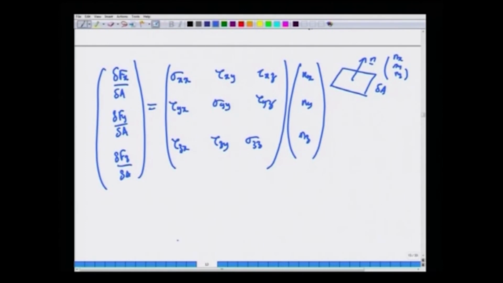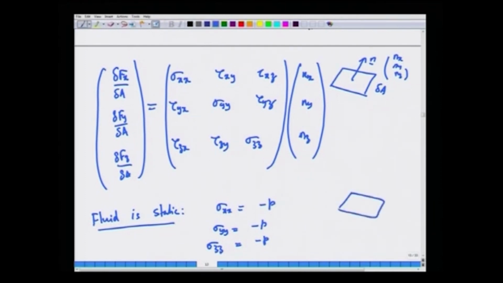our stress tensor. Okay. Now, normally what is done is that suppose you look at a static fluid, then the forces act purely normally to any surface. So, for a static fluid, sigma x x is minus p, sigma y y is minus p, sigma z z is minus p, because the pressure acts to compress.